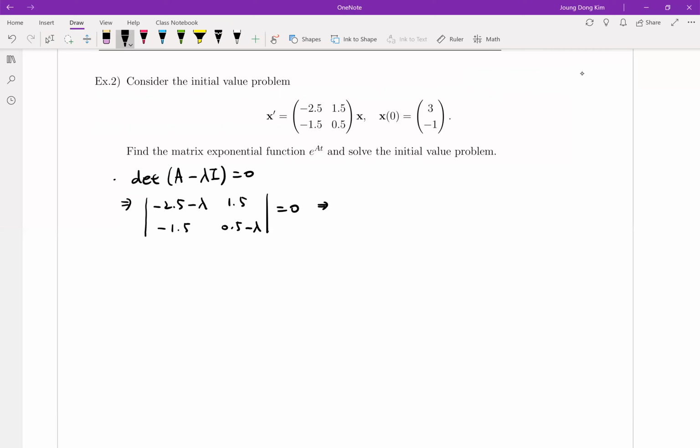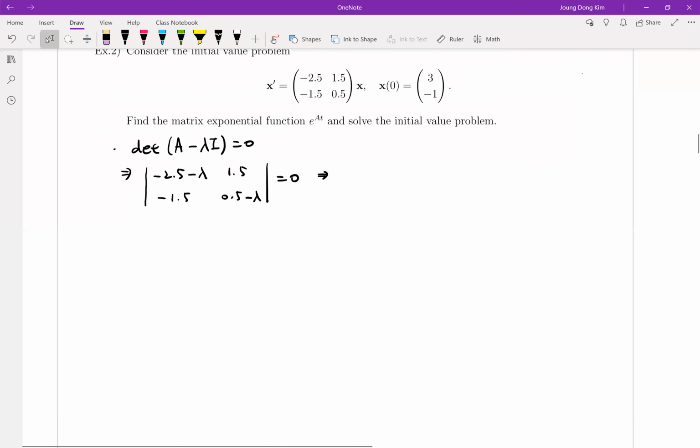But for my convenience, let me use the fraction form instead. It might be much easier for me. Negative 5 over 2 minus lambda and 3 half, right? And minus 3 half and 1 half minus lambda equals 0.